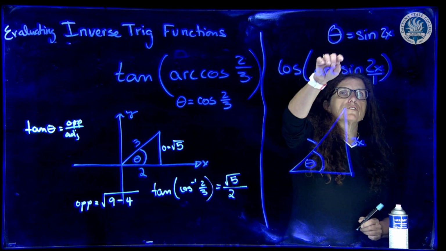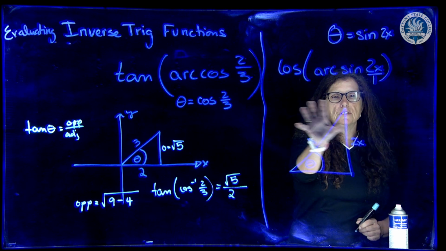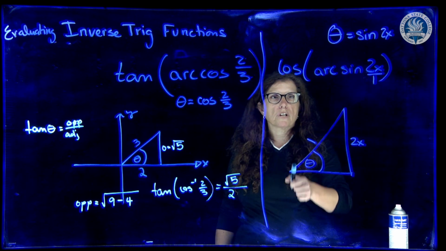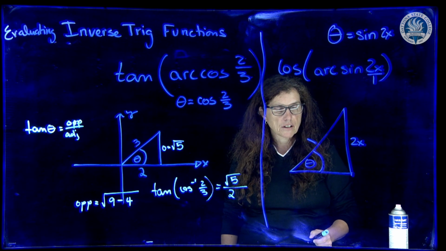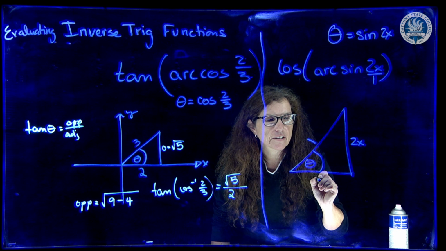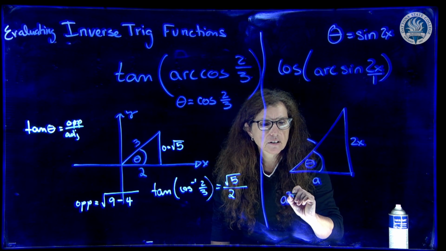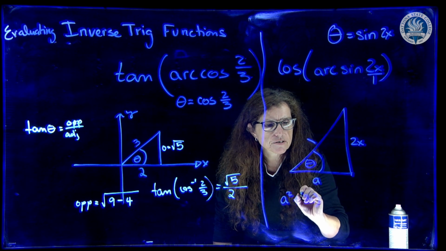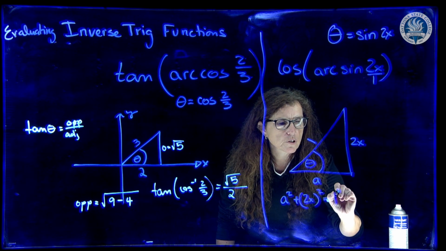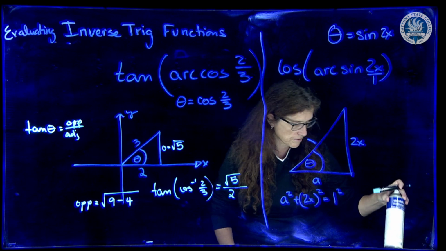So the inverse sine of 2x is this triangle relationship. Of course, we have to find the cosine, which means we need the adjacent side. And for that, let's call it a squared plus the opposite side, 2x squared, equals 1 squared. I'm using the Pythagorean theorem.